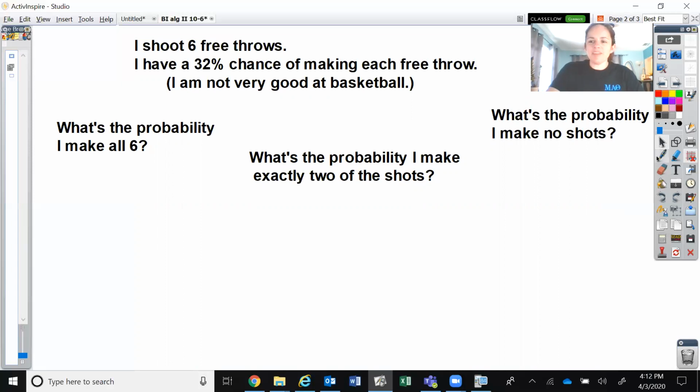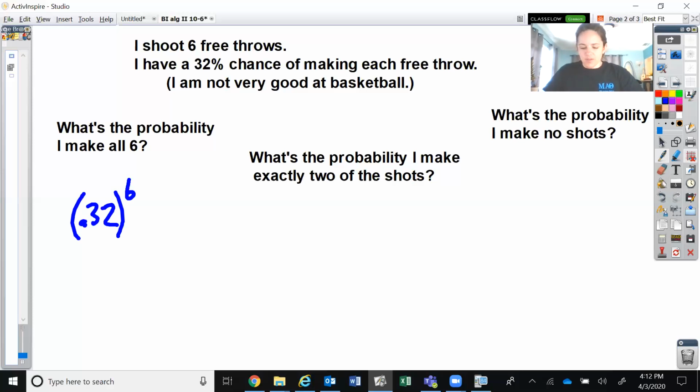So the probability that I would make all 6 of those, well, I would have a 32% chance, which is 0.32 of making the first one. And then I would have 0.32 of making the second one, 0.32 chance of making the third one, etc. And so that would be 0.32 multiplied by itself 6 times.